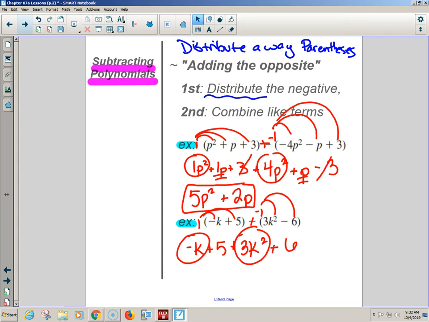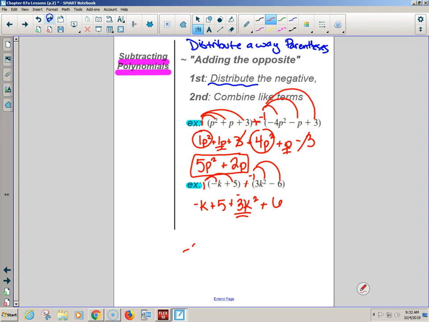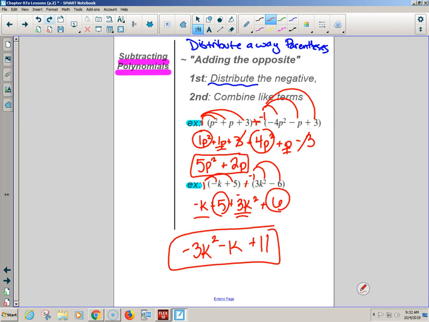Sometimes there aren't even things to combine. So we would end up with, there are no other cases, so we just rewrite him, but we do get to combine the 5 and the 6 to make 11.